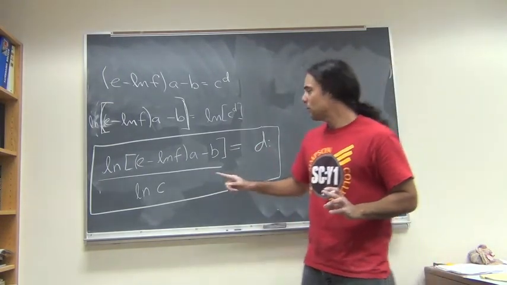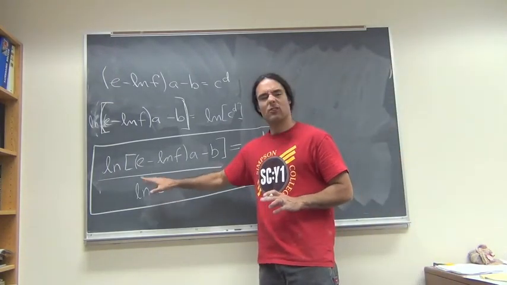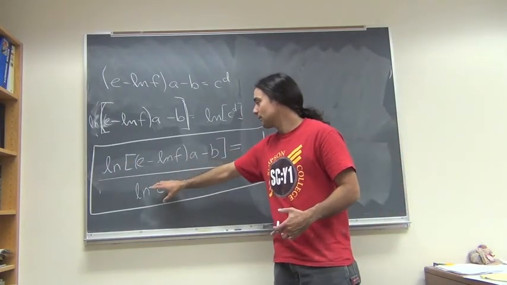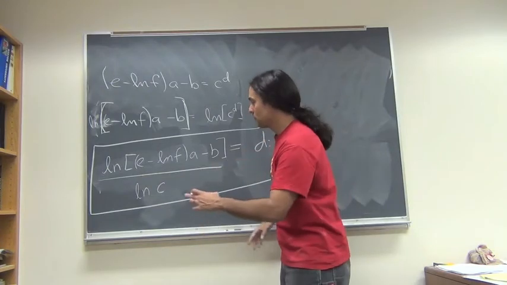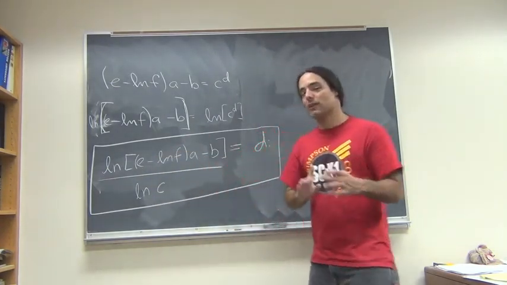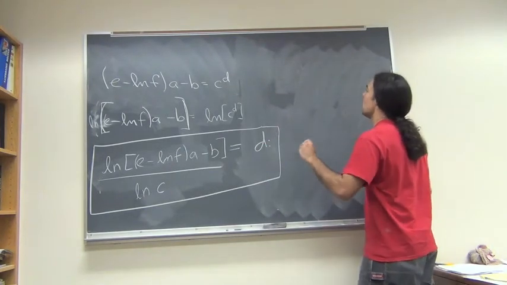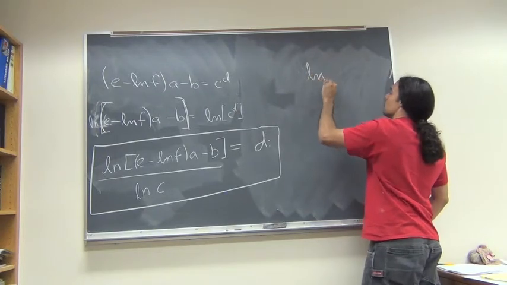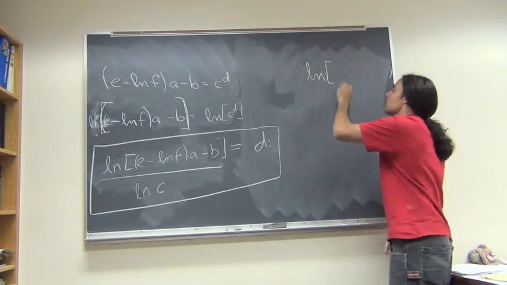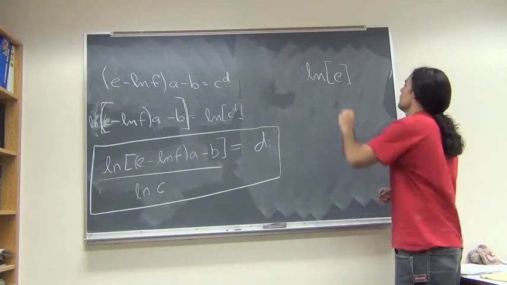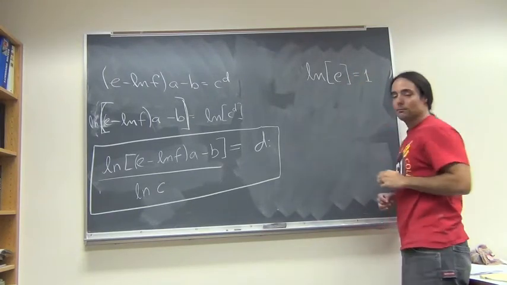Now you might ask, could we just make this one big log and say log of everything in here divided by this? Can we just pull the c into one big logarithm? We can't really do that. Here's why. Let's work with this. The natural log of the number e is 1.